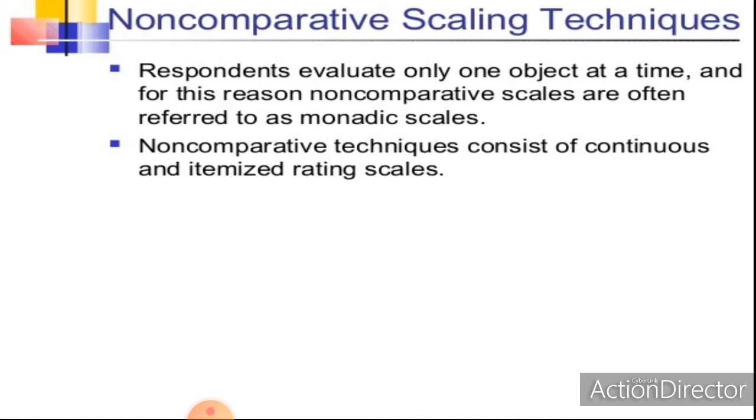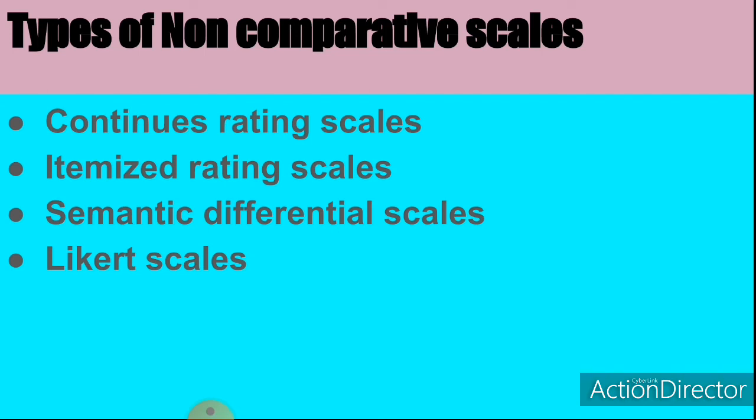Now we can discuss the important types of non-comparative scales. They are continuous rating scales, itemized rating scales, semantic differential scales and Likert scale. Out of these, itemized rating scale, semantic differential scale and Likert scale were discussed in our previous video. So I hope you all remember those things.